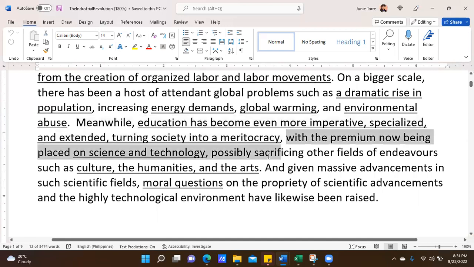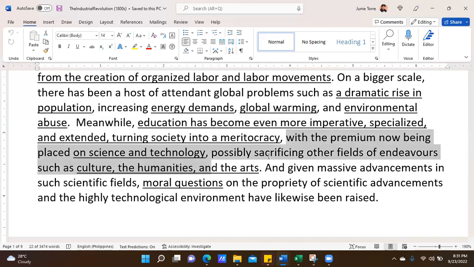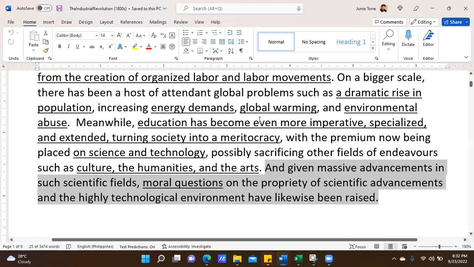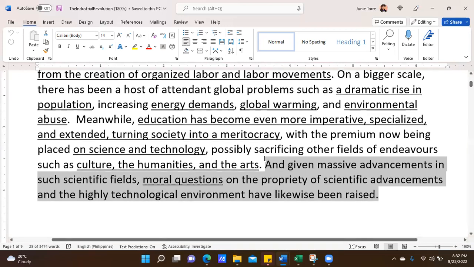With the premium now being placed on science and technology, possibly sacrificing other fields of endeavors, such as culture, the humanities, and the arts. And given massive advancements in such scientific fields, moral questions on the propriety of scientific advancements and the highly technological environment have likewise been raised.